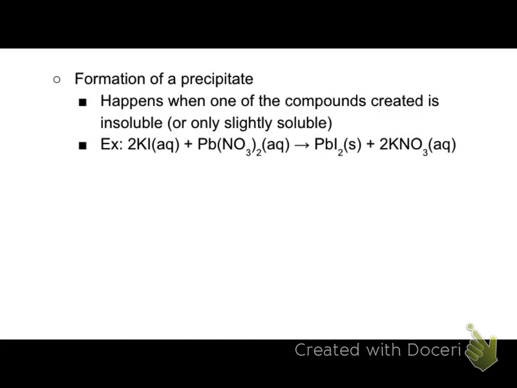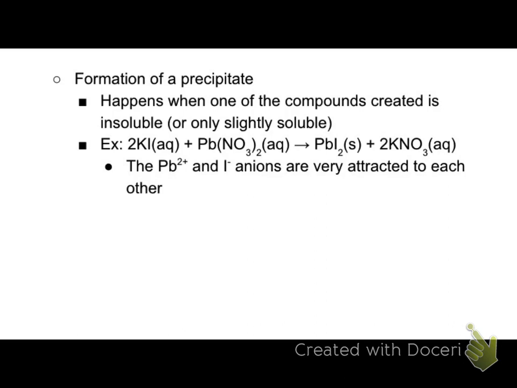And the resulting lead iodide is not soluble. So instead of remaining aqueous, it will go solid in the container, and you will see it precipitate out of solution. The potassium nitrate, however, remains soluble, so it will stay dissolved in the solution, and you won't see it come out of solution.